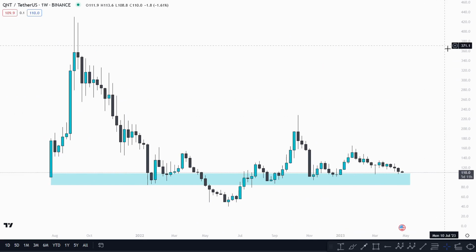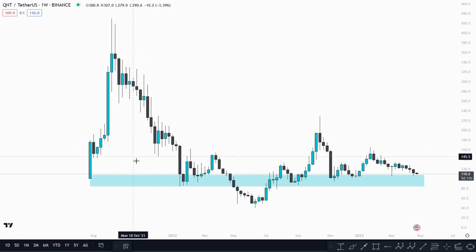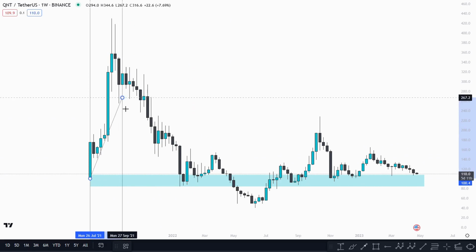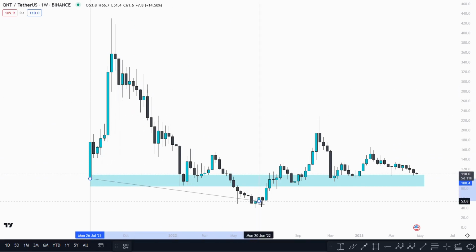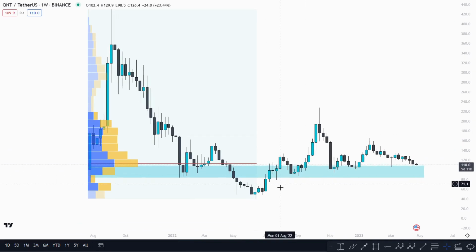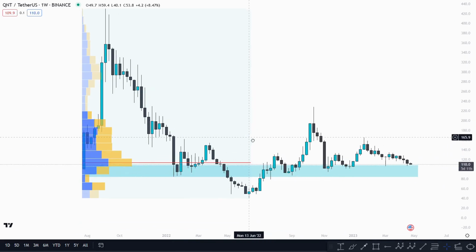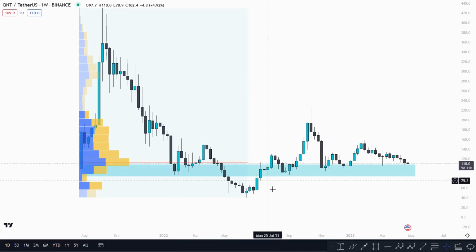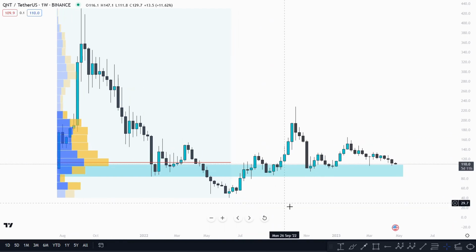So what I'm going to do here for Quant is just look at the fixed range volume profile since inception of Quant all the way to the highs, back down to the current swing low back in June 2022. And what you can see is we are trading now at the highest point where most of the Quant is exchanging hands, and this is what seems to be holding support at the minute.